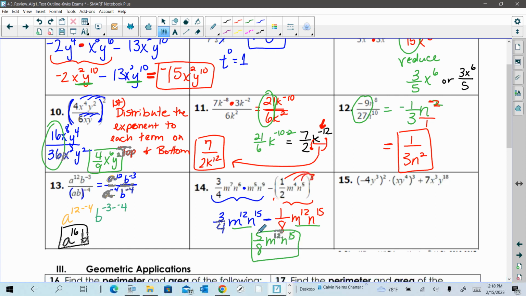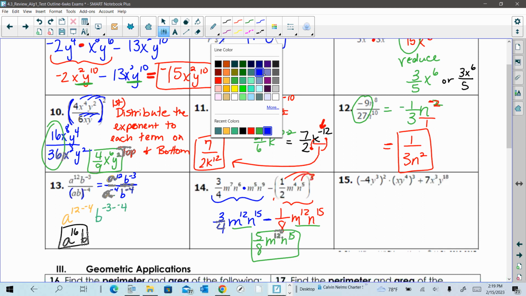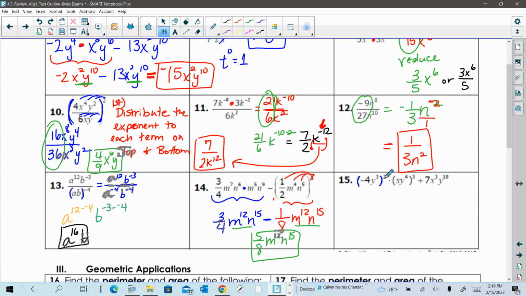And then we are going to do our power rule first here. And this is going to end up giving me a positive 16y to the 6th power. Then we're going to multiply that to x to the 3rd, y to the 12th power.